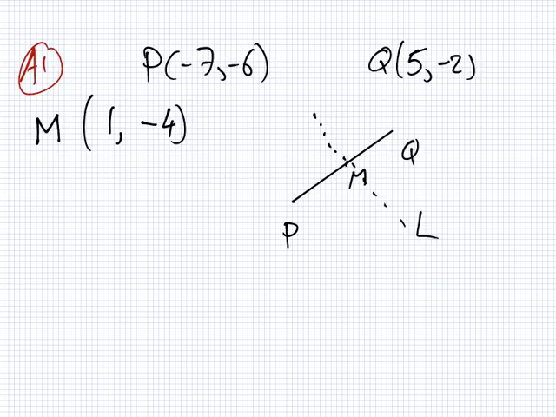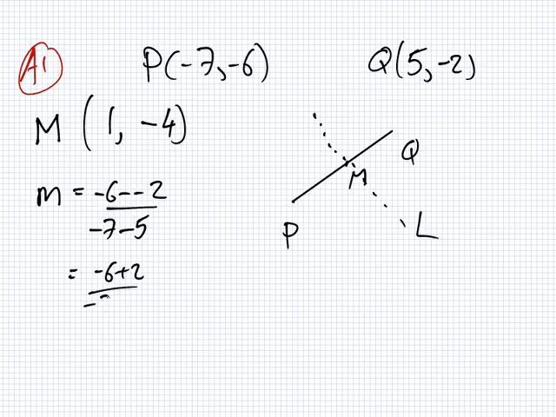So we need the slope, which is y2 minus y1 over x2 minus x1. So that's minus 6 plus 2, minus 4, minus 2, 2. Do I use 2? No. What do I use? Minus 1 over 2, yeah.